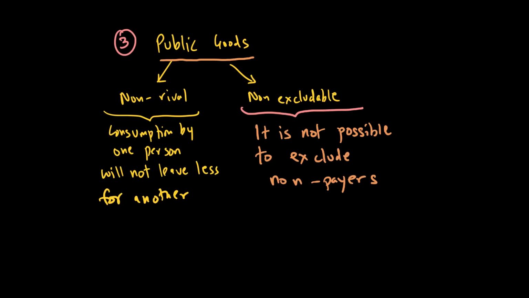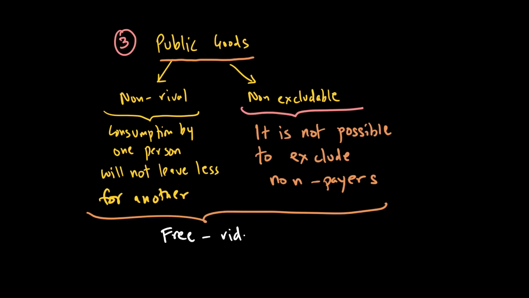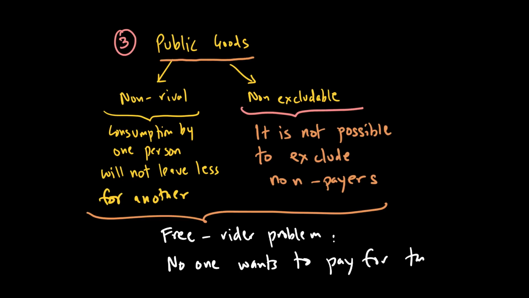willingness to pay. And why is there no willingness to pay? Because there is a free rider problem. The free rider problem says that because it's non-excludable, no one wants to pay for the good.